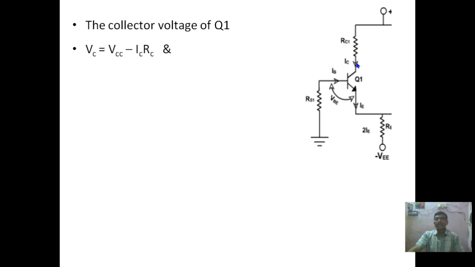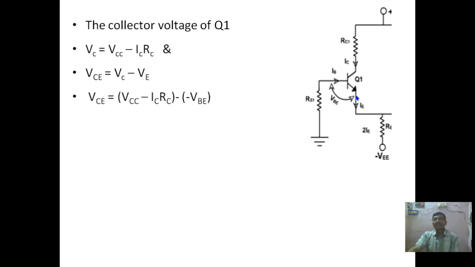So the voltage at the node C is Vc, which is equal to VCC minus ICRC, and the voltage at the node emitter is VE. We know that the VCE value is equal to Vc minus VE, as I already told.